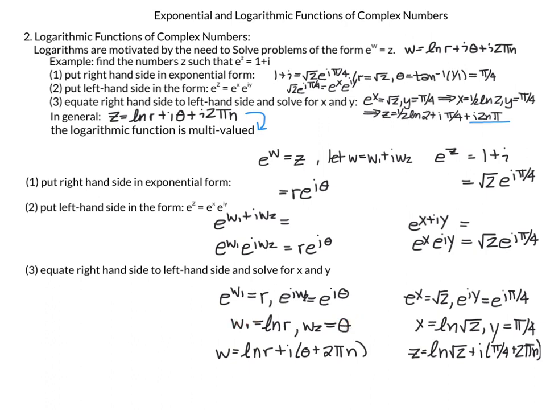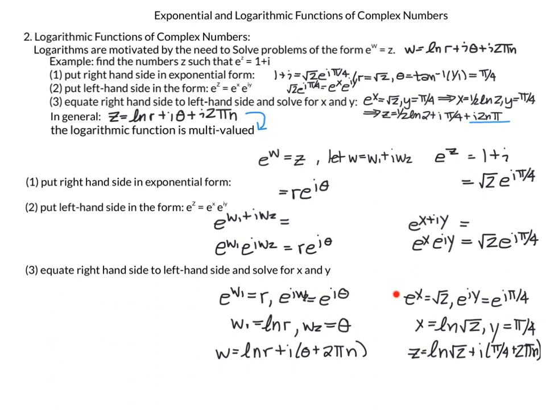So coming back to my example, if I have these two equated, again, x is a real number, and here I have e to the iy. So this e to the iy, I'm going to match up with the e to the i pi over 4. And here, my real number, I'm going to match with my square root of 2.